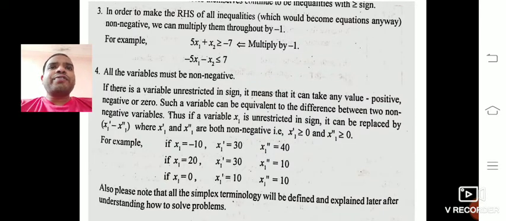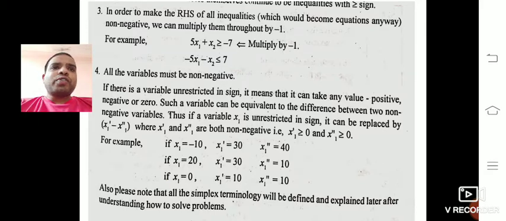For example, if x1 is minus 10, how do we write this in the form x1' minus x1''? We can take x1' equals 30 and x1'' equals 40, and 30 minus 40 gives minus 10.